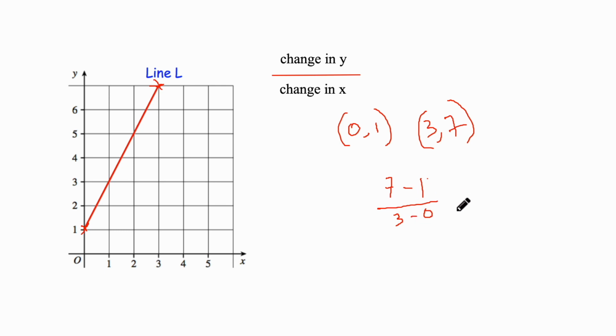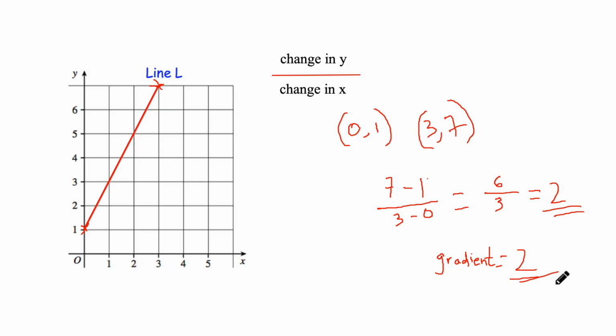So if we do this, we get 7 minus 1 is 6, and 3 minus 0 is 3, and 6 divided by 3 is equal to 2. So the gradient for this line will equal 2.